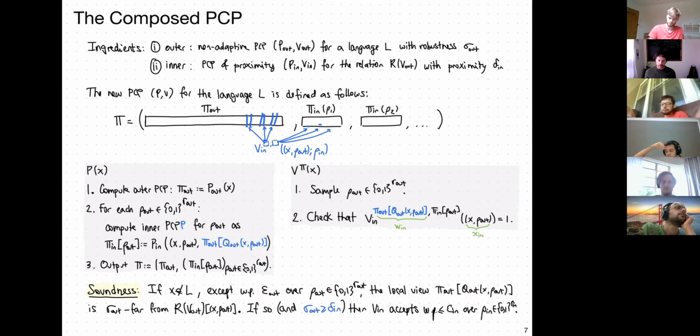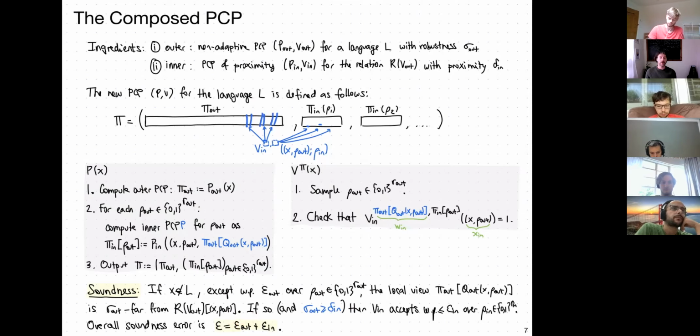But if it is far, then we know that we have a PCPP which can distinguish something which is perfectly valid from something far, and then it would reject. And that's it. And the soundness error would be just getting both the soundness error of the outer PCP, because it might be the case that we just chose the wrong local view here.